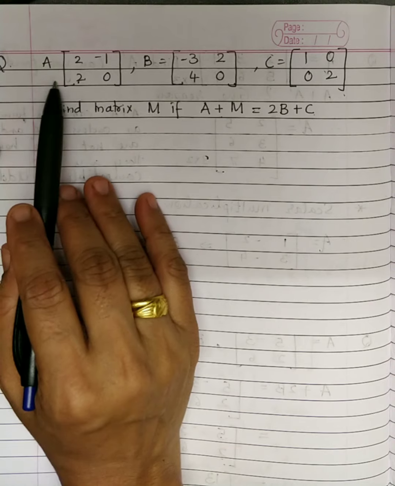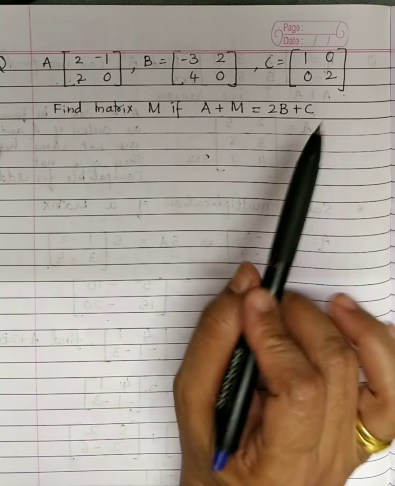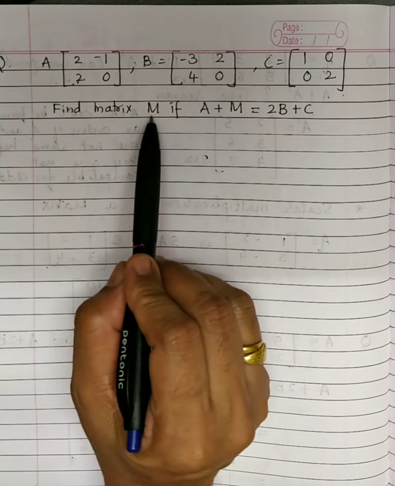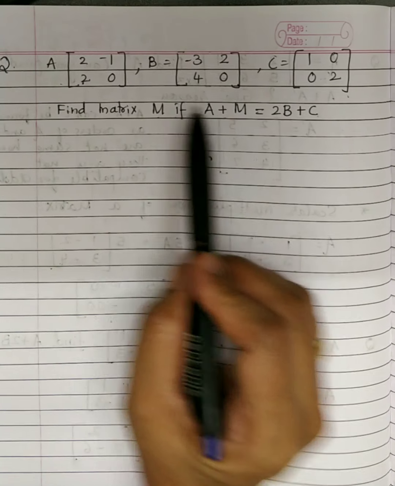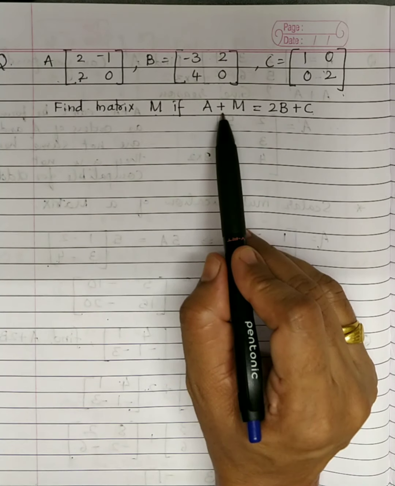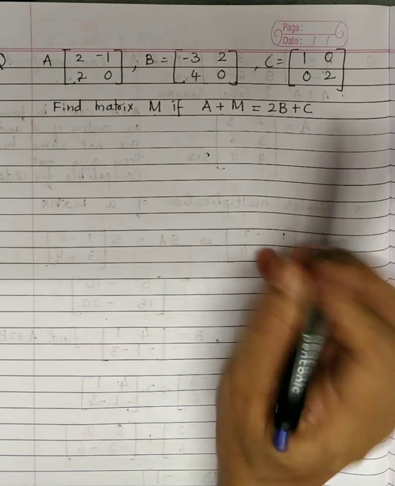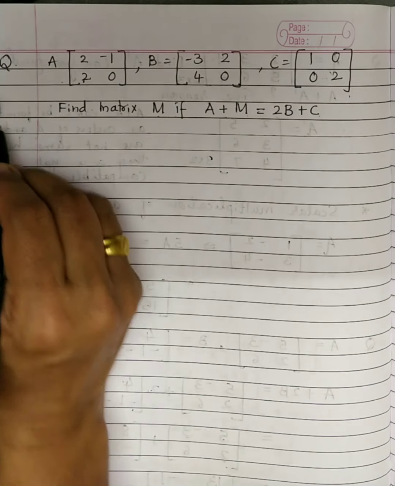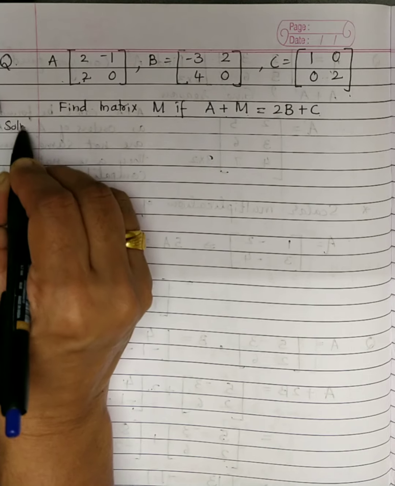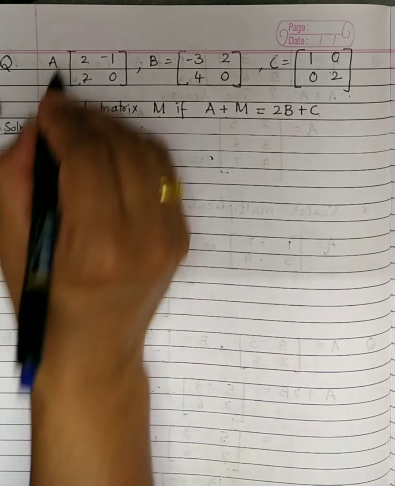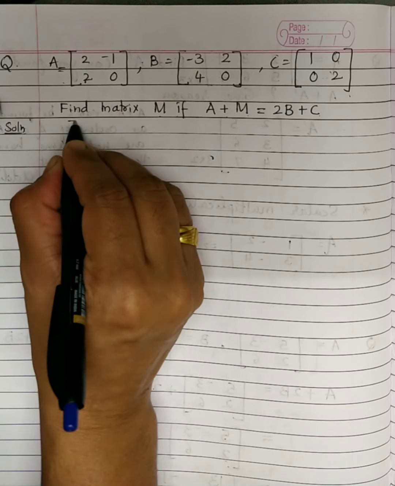Next question. You are given 3 matrices A, B, C. You need to find matrix M, if matrix A plus matrix M is equal to 2 times matrix B plus matrix C. First step here will be what? Put the values of all these matrices.